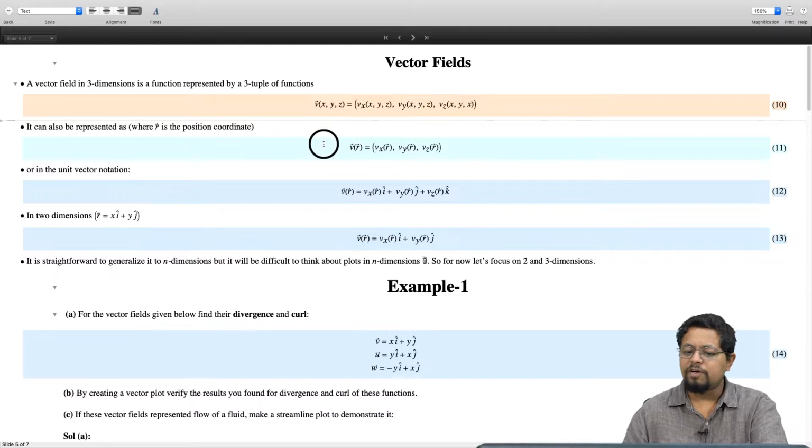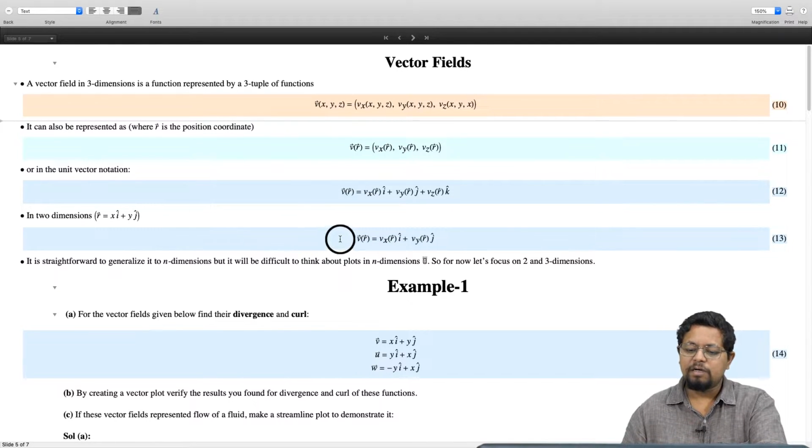You can also represent a vector field with a vector in terms of coordinate r, like in this expression. You can also represent the vector field in vector notation as Vx i hat plus Vy j hat plus Vz k hat, where Vx, Vy and Vz are all functions of the coordinate r.